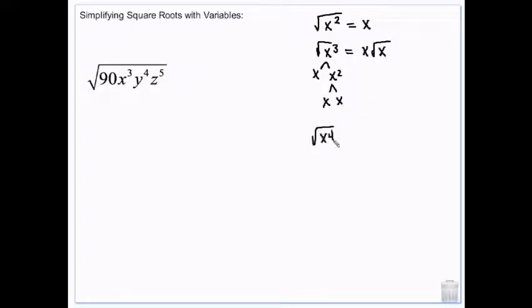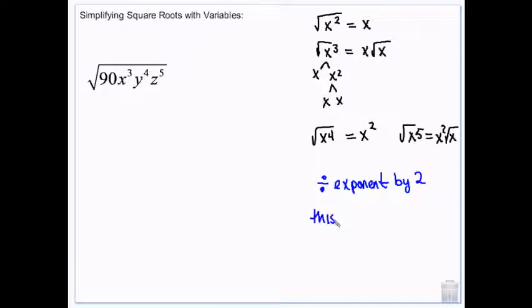X to the fourth, x to the fifth would be x squared times the square root of x. Do you guys see a pattern? Let me write the pattern. We're going to divide the exponent by 2. Whatever answer that is, this becomes the exponent outside.